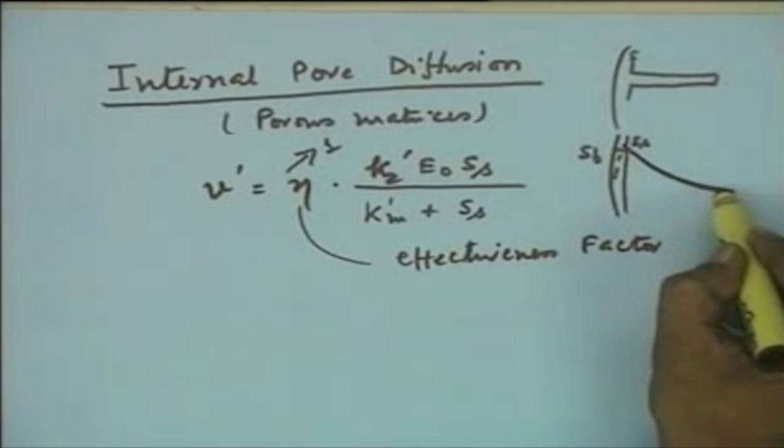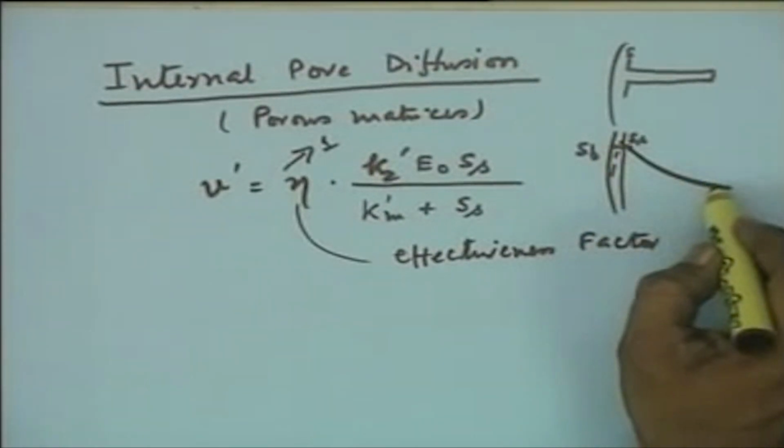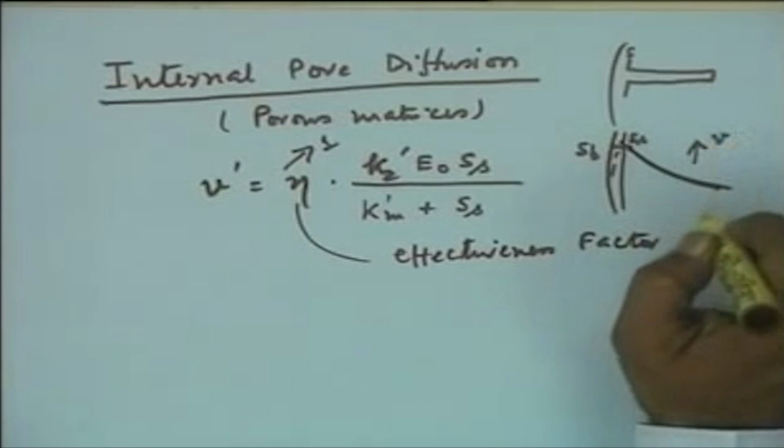Can you once again explain the effect of substrate inhibition? In the case of strongly substrate inhibited enzymes, if the concentration of substrate at the surface is high, the reaction rate will be low, and because of pore diffusion, the substrate concentration across the pores is reducing. As we saw here, the substrate concentration goes down along the pores, and obviously a lower substrate concentration means the rate of reaction increases.